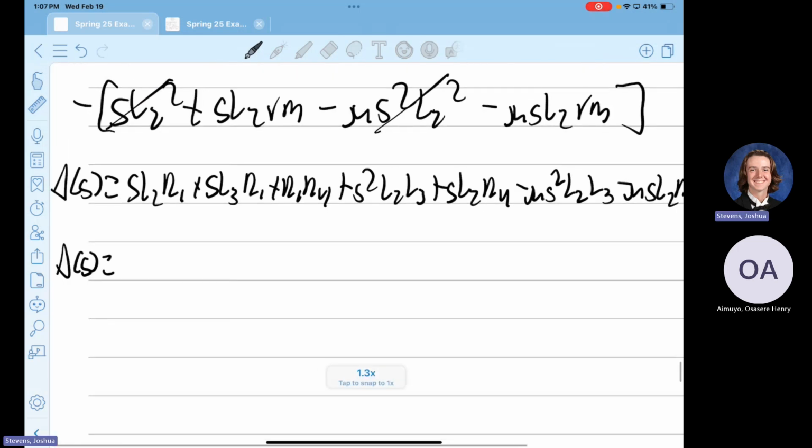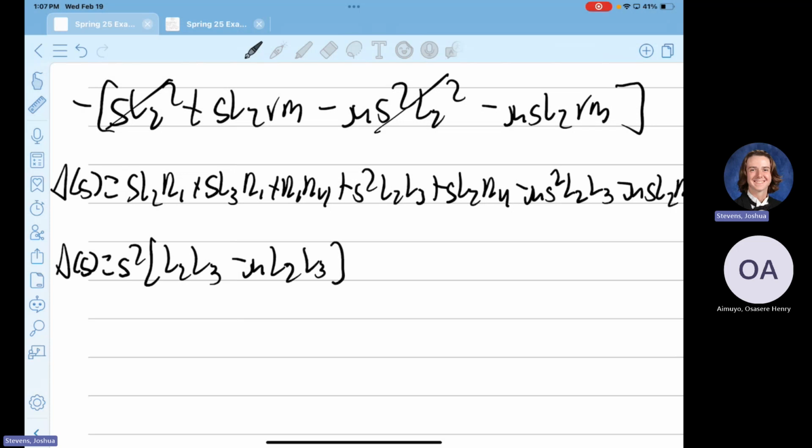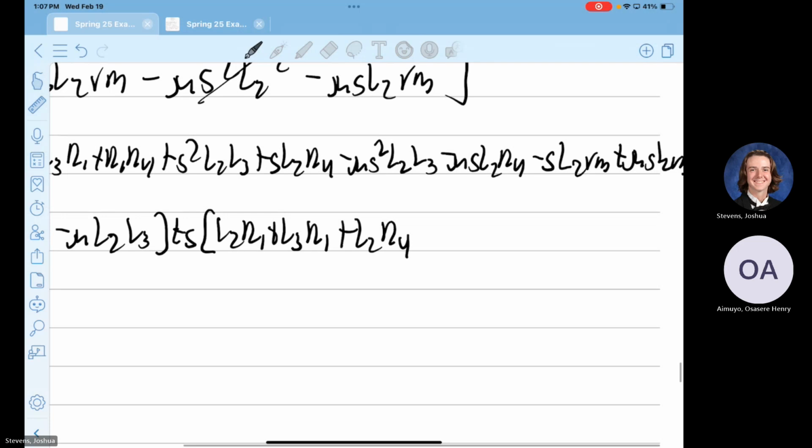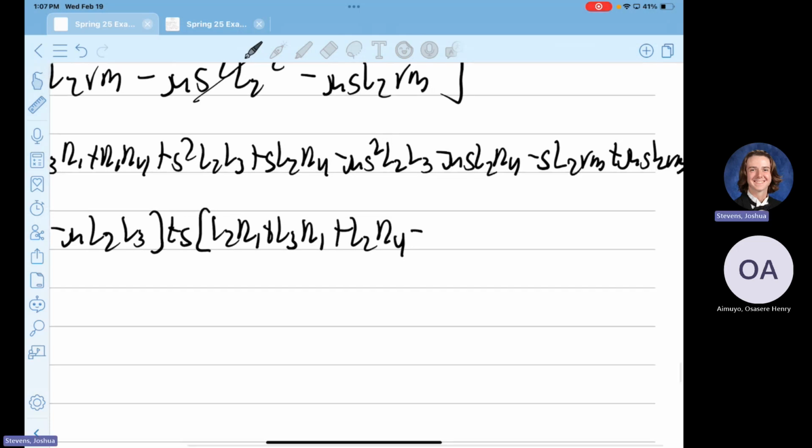Delta S, this becomes S squared L2 L3 minus mu L2 L3 plus an S times L2 R1 plus L3 R1 plus L2 R4 minus mu L2 R4.